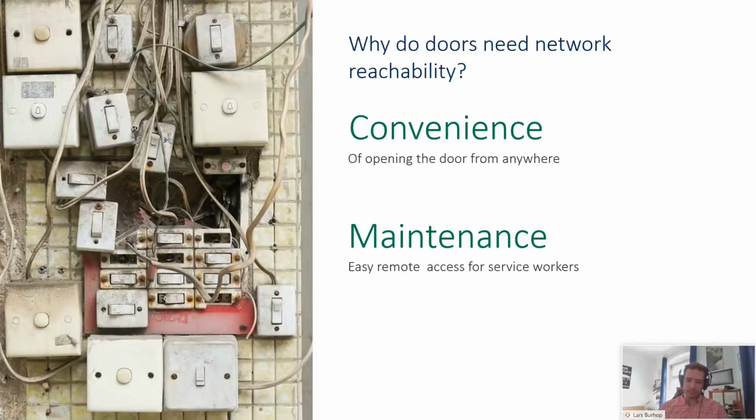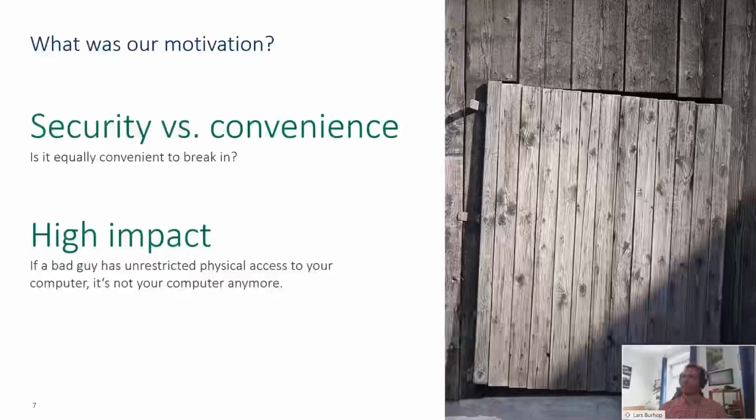So now, what if it's that easy to remove or add somebody? How easy is it for us to add ourselves in there, or how convenient is it for us to break in? Because the impact of us being in that system is pretty high.